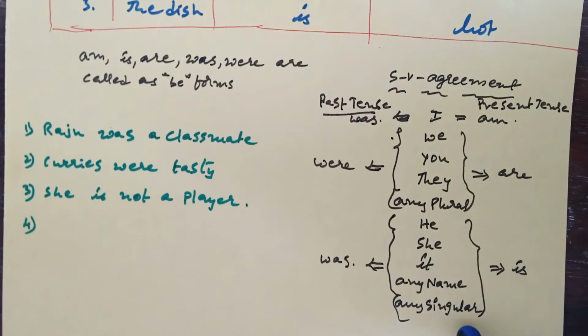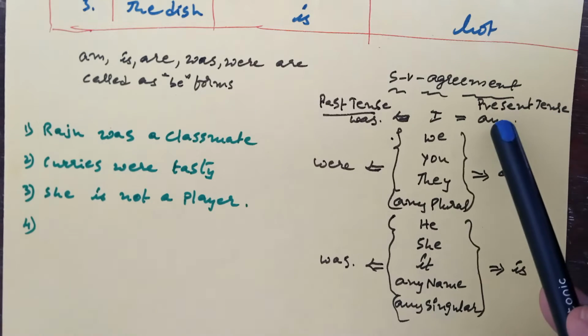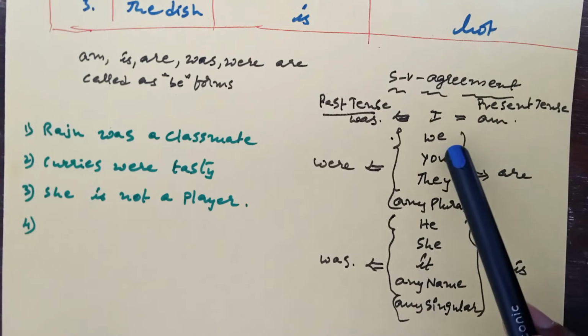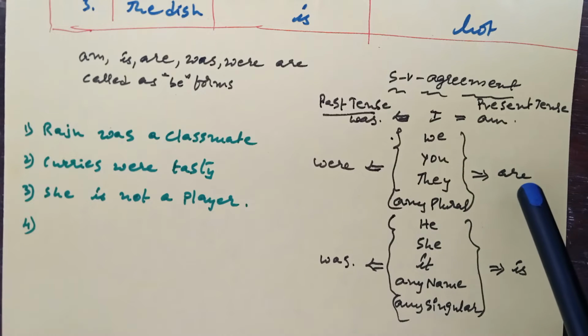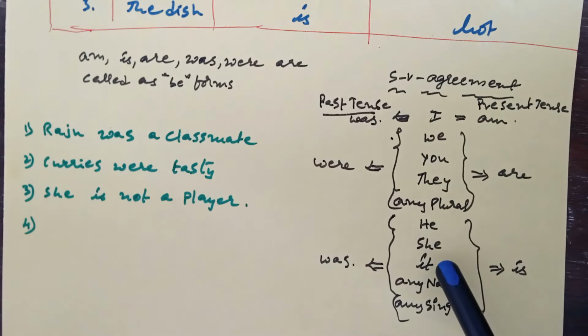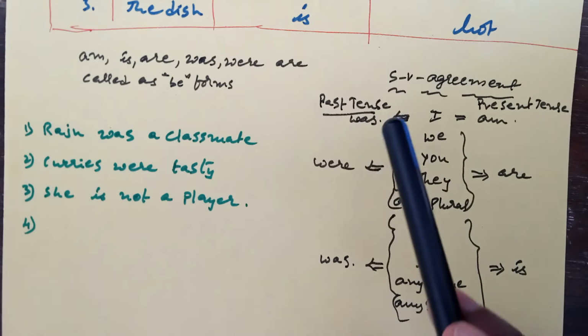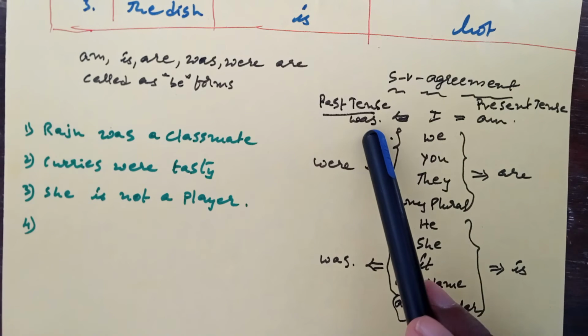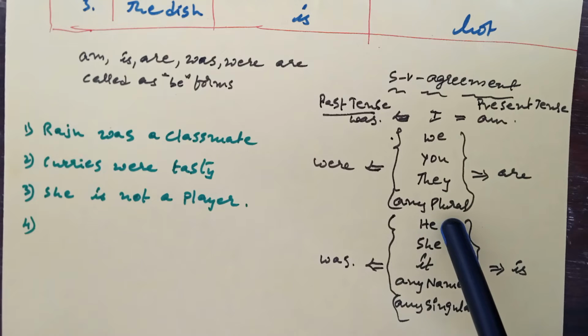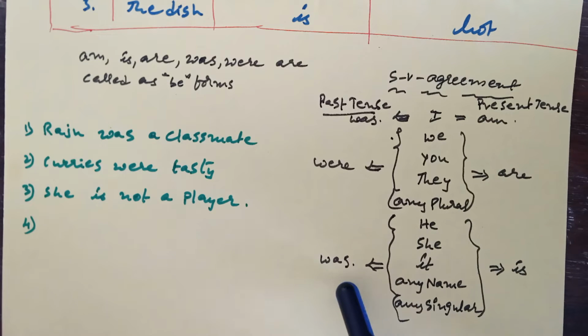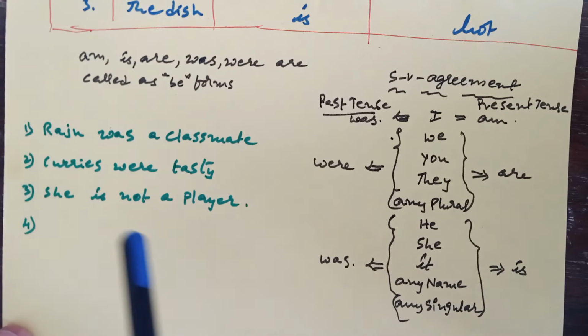In the present tense, I takes am as the BE form; we, you, they, any plural take are; he, she, it, any name and any singular take is. In the past tense, I takes was; we, you, they, any plural take were; and he, she, it, any name, any singular take was. Now let us try to frame our own sentences.